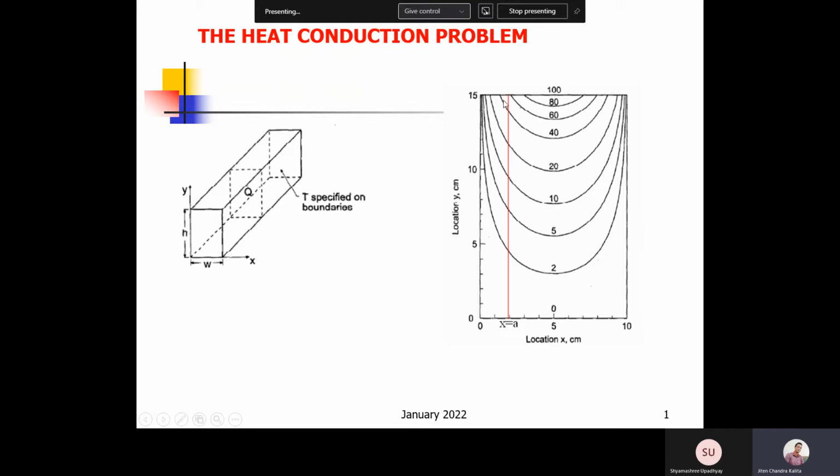At the top, you are going to have some isotherms. These are nothing but isotherms. Along this line, the temperature is going to be the way they have been shown here. Now, whenever we were talking about single variable calculus, you know that derivatives are nothing but the rate of change of something.